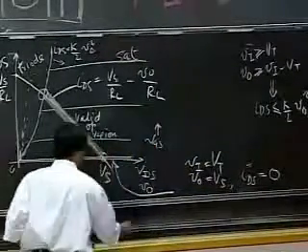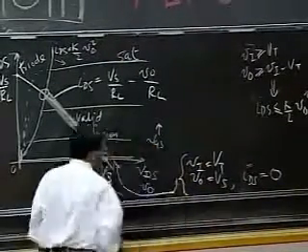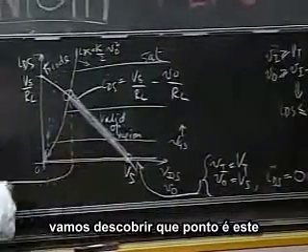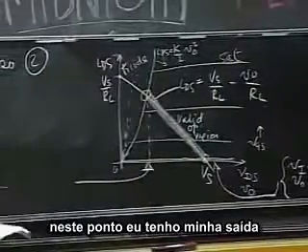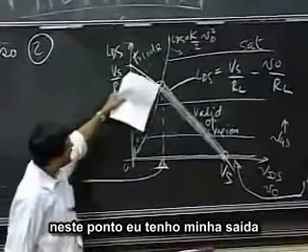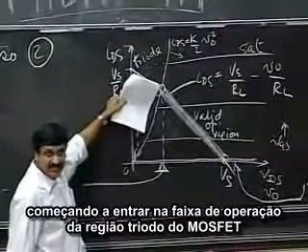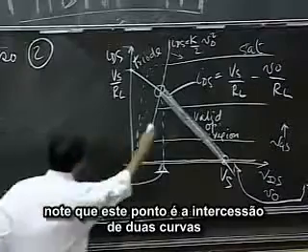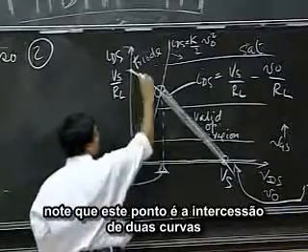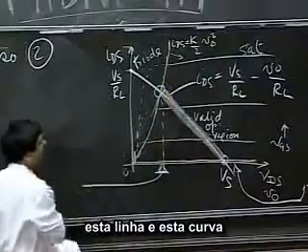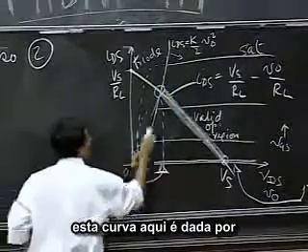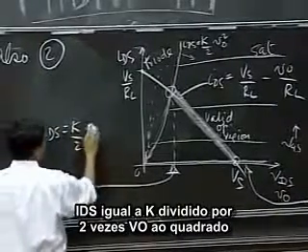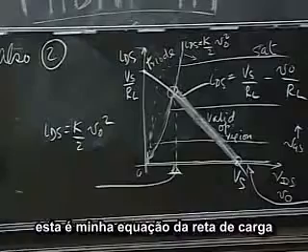Okay? So that's one point. And let's find out what this point is. So at that point, I get my output just entering the range of the MOSFET triode region operation. And notice that this point is the intersection of two curves, this line and this curve. Okay? So this curve here is given by IDS equals k divided by 2 V naught squared.